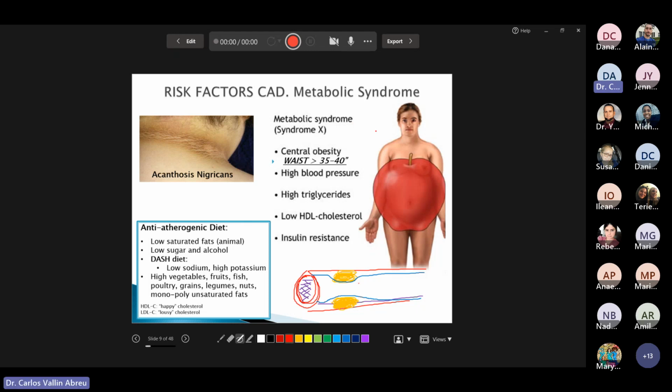Smoking is modifiable, so you can quit smoking. Obesity is a risk factor that is associated with hypertension, diabetes, and high cholesterol, and can be modified. Sedentarism can be modified. So these risk factors can be modified.